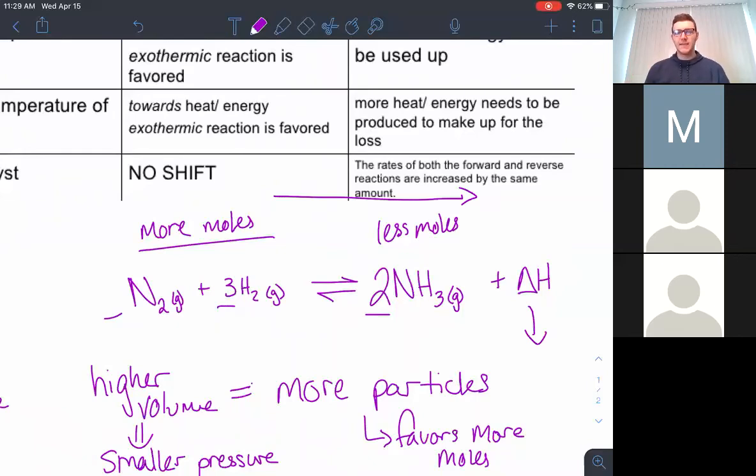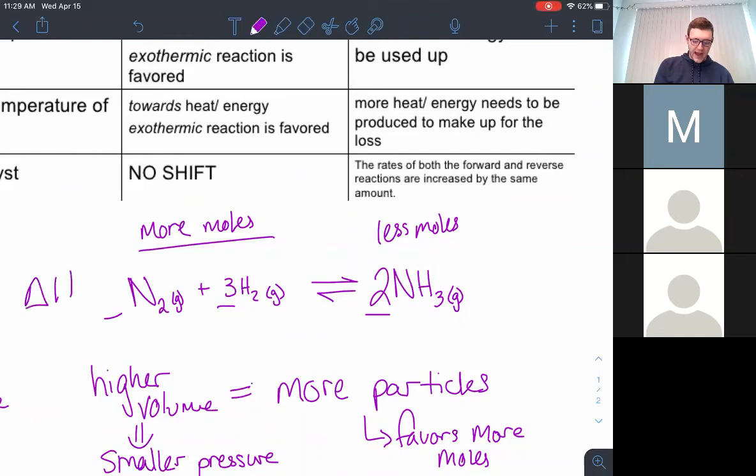And then it's the same thing for the opposite way. If we had an endothermic reaction, so heat was on the reactant side, and I increased it, it would push the opposite direction. So if I increase the heat, it would move towards the products.